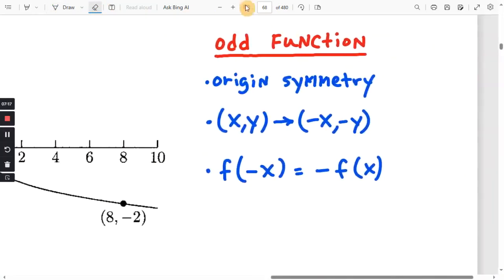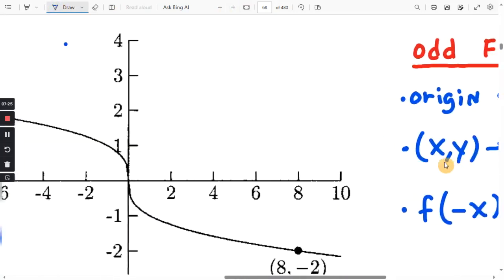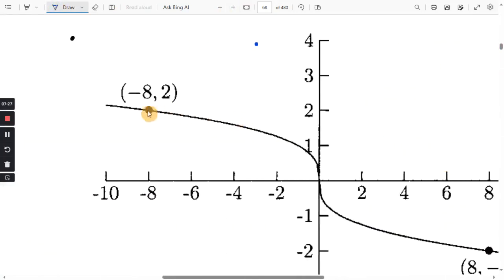Also, any point (x, y) maps to the point (negative x, negative y). So let's see. This point right here is (x, y). And if we were to do negative x and negative y, change the sign on this, you would have 8.